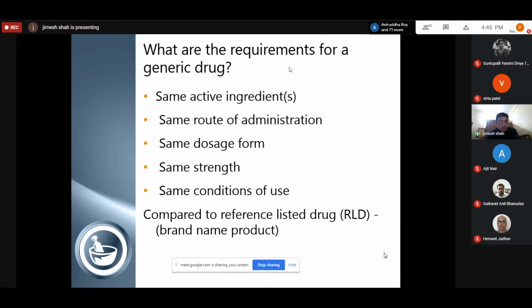It is nothing but the API. Route of administration and dosage form: for example, a tablet by the oral route. Strength: if the innovator is 5 mg, we also develop 5 mg. Same condition of use, compared to the reference product drug. These are the basic requirements of a generic drug that we have to cater to.